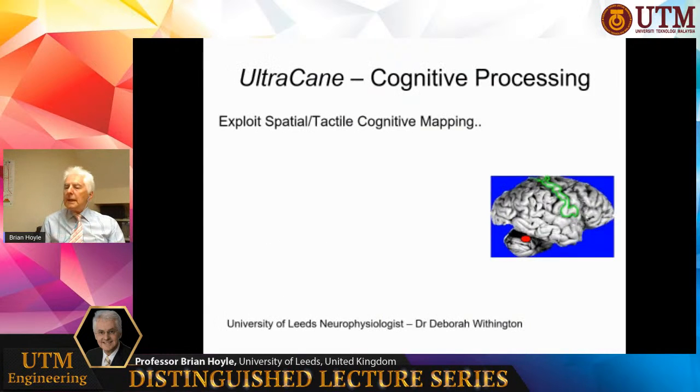Okay, well, let's talk about brains. And I'll introduce my neurophysiologist colleague, Deborah Withington, who first told me about how hard it is for blind people to get around and how little we support them with our technology. So let's think about the spatial tactile cognitive mapping, how the brain works with this. Now, we did think about our 5 senses when we started.